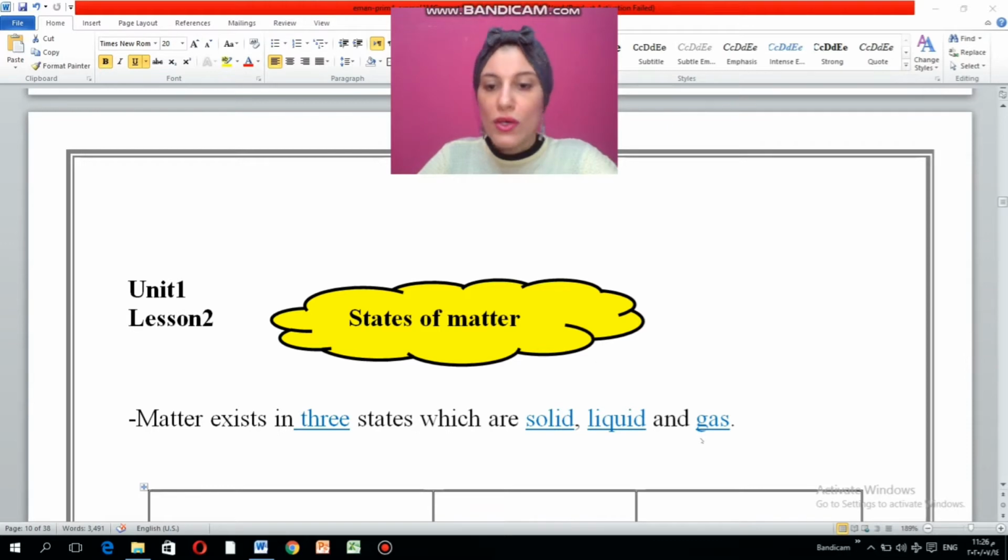And in this lesson, we will discuss together what is the meaning of solid, and what is the meaning of liquid, and what is the meaning of gas, and how can these states change from one state to another state. Let's start.